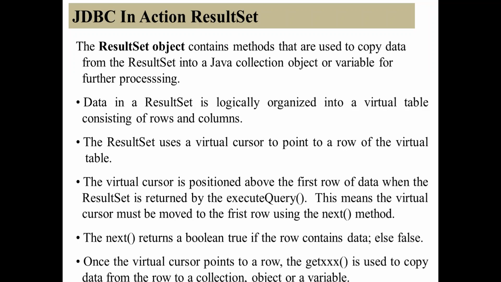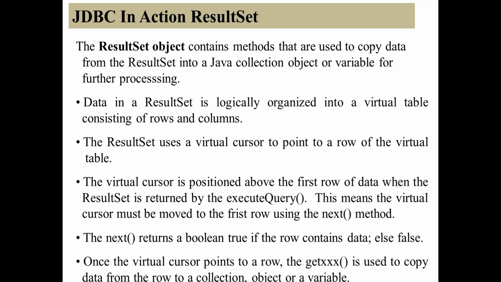When you're using the result set object, we can copy the data from the result set into any Java application, any Java collection object, or a variable for further processing. So this is the first thing: we know what the result set object is.